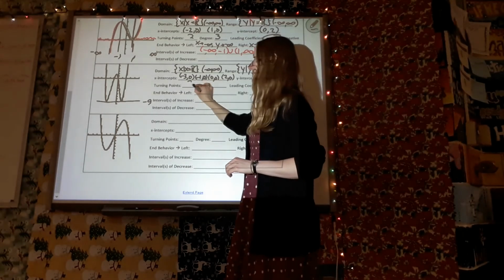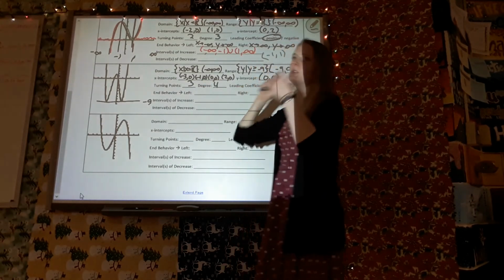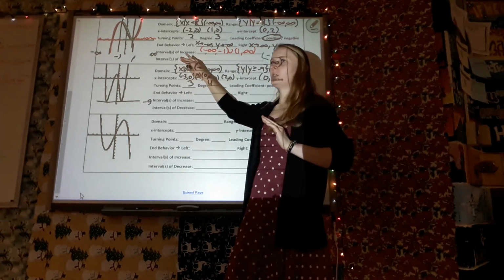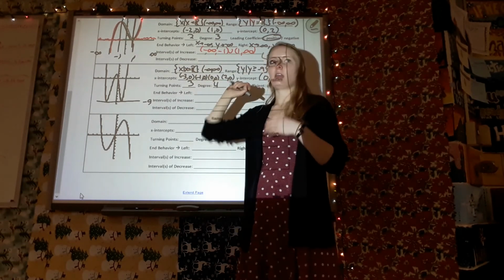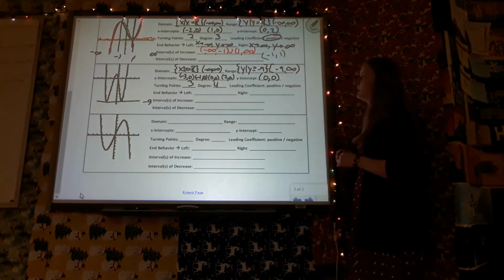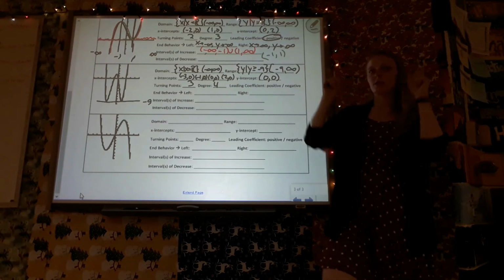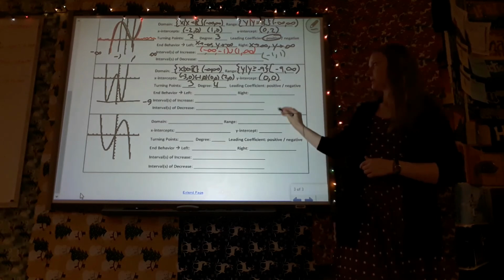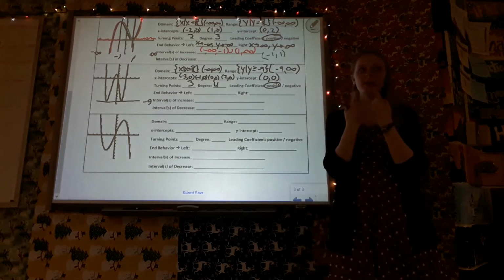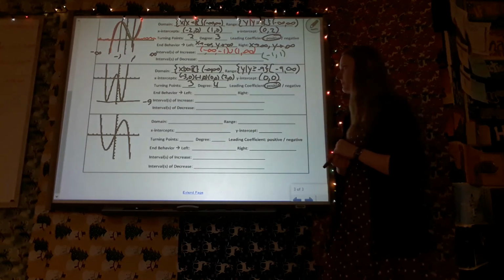How many turning points do I have in this one? 3, which means the degree would be 4, which you should connect with from last unit because our quartic functions, which look like W's or M's, have a degree of 4. Would my leading coefficient be positive or negative if my end behavior is up, up? It would be positive. Because with an even degree, to get the end behaviors to be the same, it has to be a positive leading coefficient.